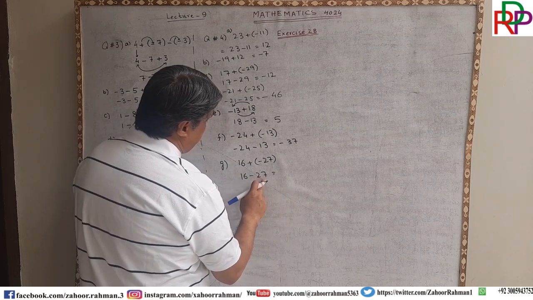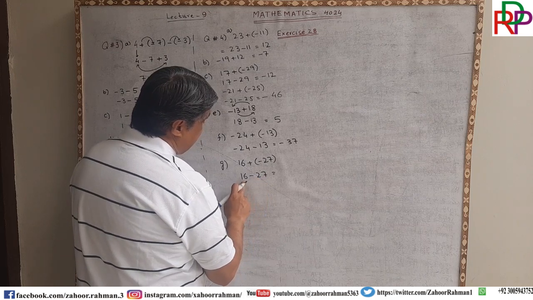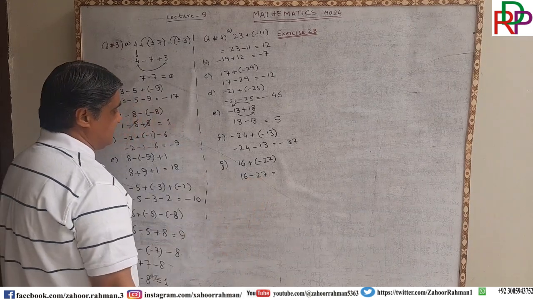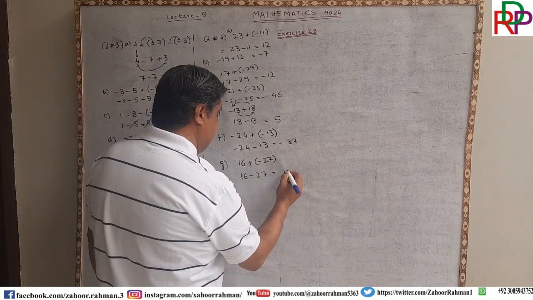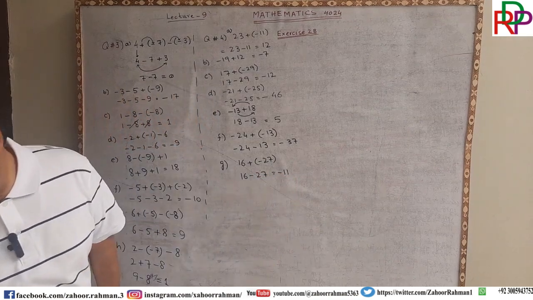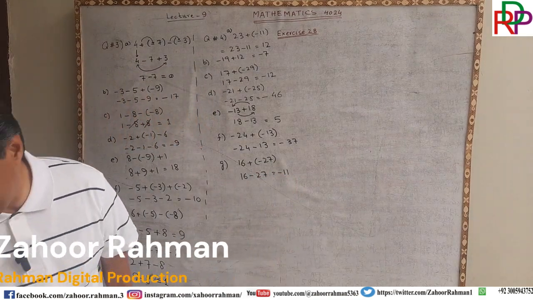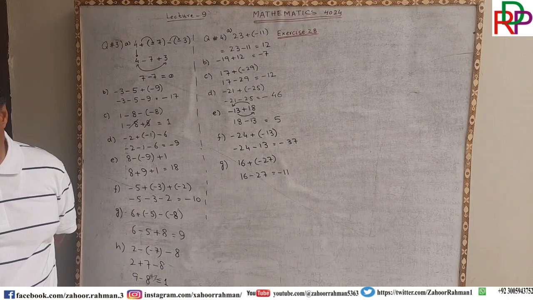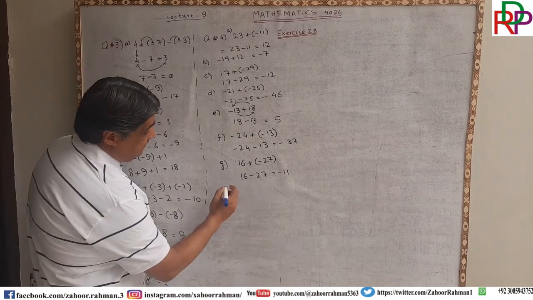So first we have to subtract the smaller number from the larger number, which is 27 minus 16, and that is 11, and the sign of the larger number, so it will be minus 11. The answer is minus 11.